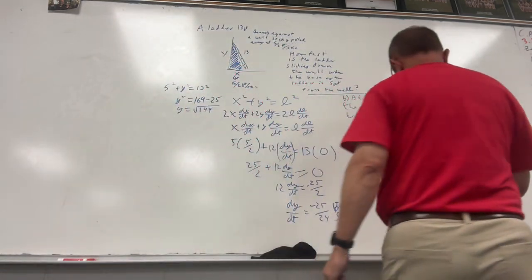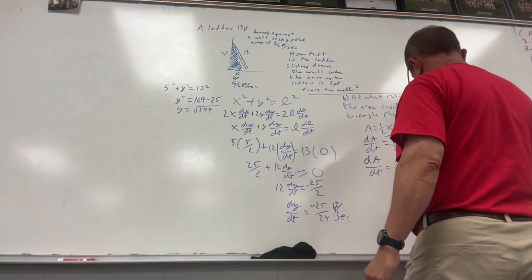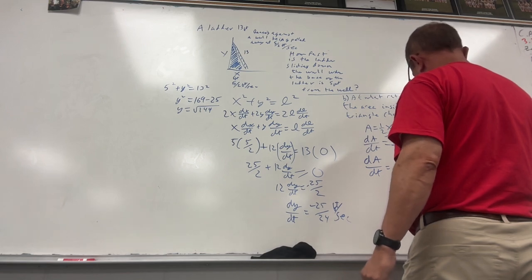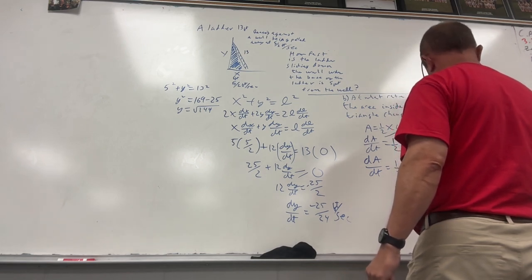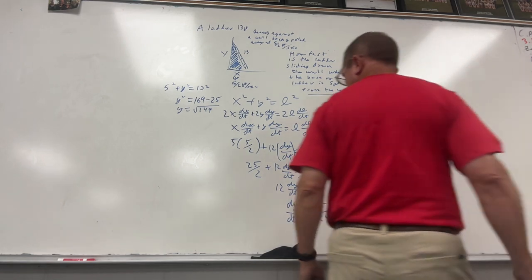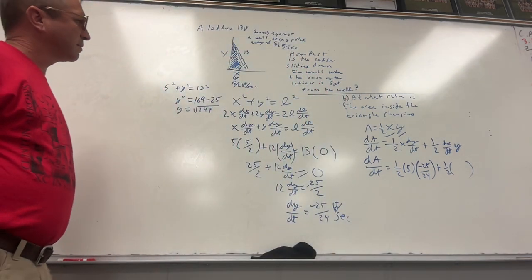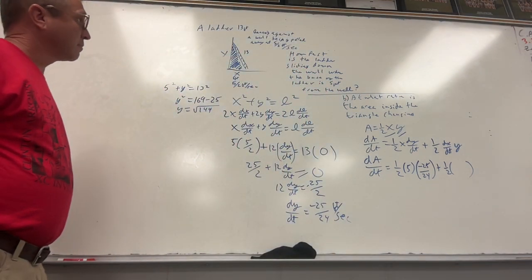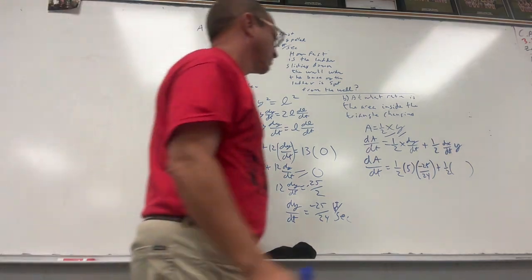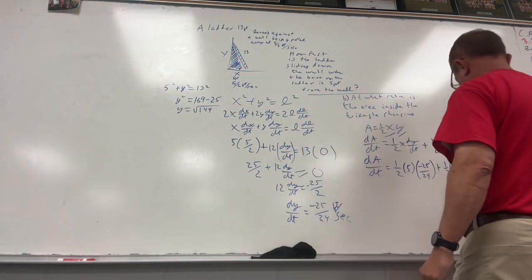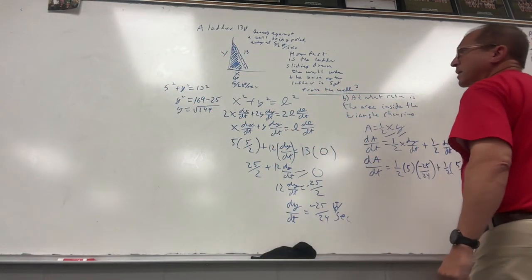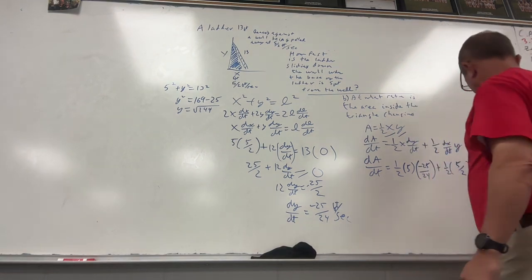So we get negative 25/24 here. All right. dx dt is 5 over 2. And then your y is 12.